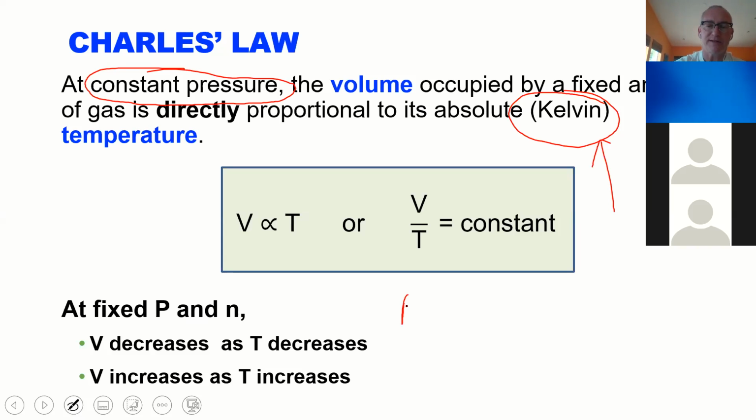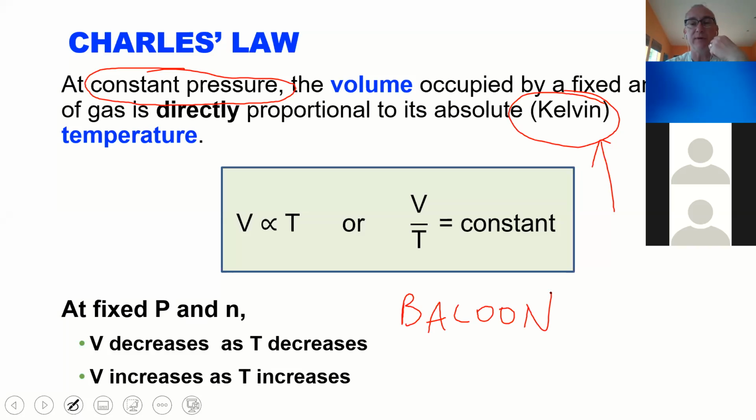I also call this the balloon law. The easiest thing to remember is that when you're blowing up a balloon, the pressure inside the balloon doesn't change. The pressure is basically the atmospheric pressure around it, right? So as we blow up the balloon, we're adding more and more moles of gas, and the volume goes up.